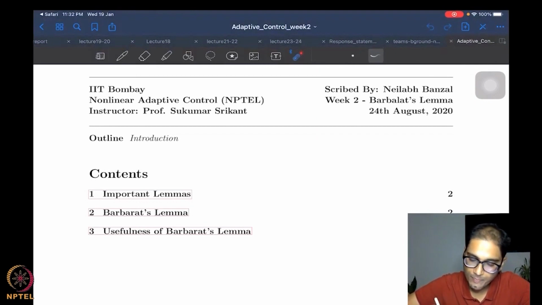This is a rather important tool that we will learn this week, and we will also see by the end of the week how this powerful tool can be used to analyze convergence in adaptive control. So without delaying any further, I will go into what these important lemmas are today.